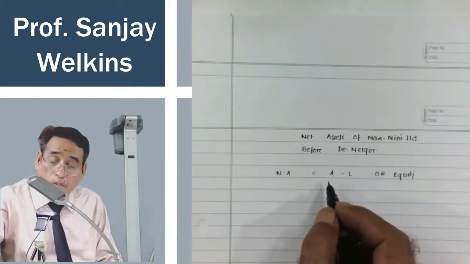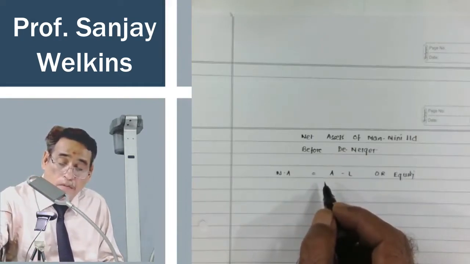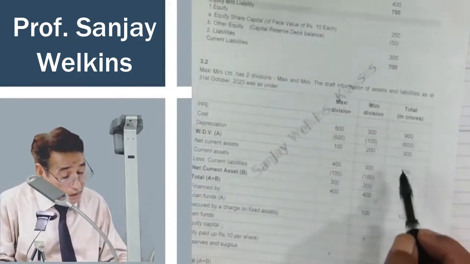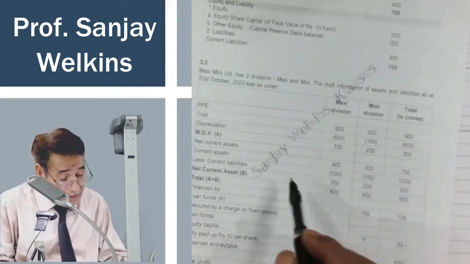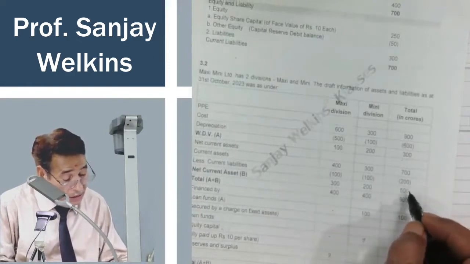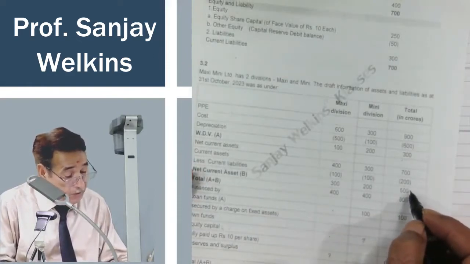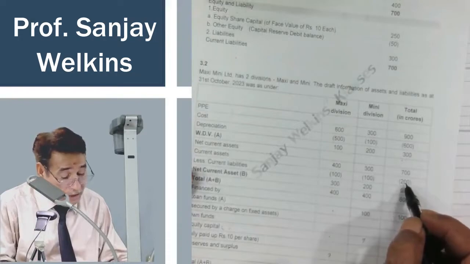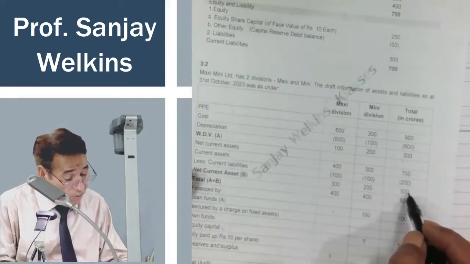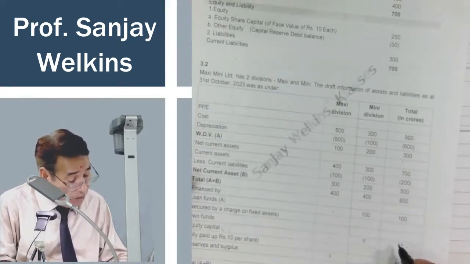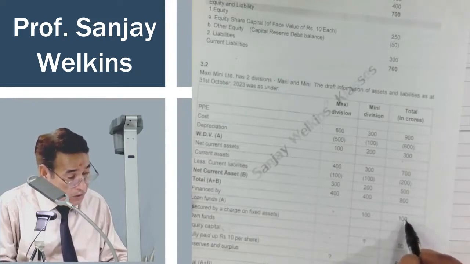If I look into the balance sheet, here it is, Max Mini Limited. Now the total of their asset side, you can see, is 500. Actually, they have already subtracted current liability. So total 500, and one liability is there in the form of loan funds, isn't it?